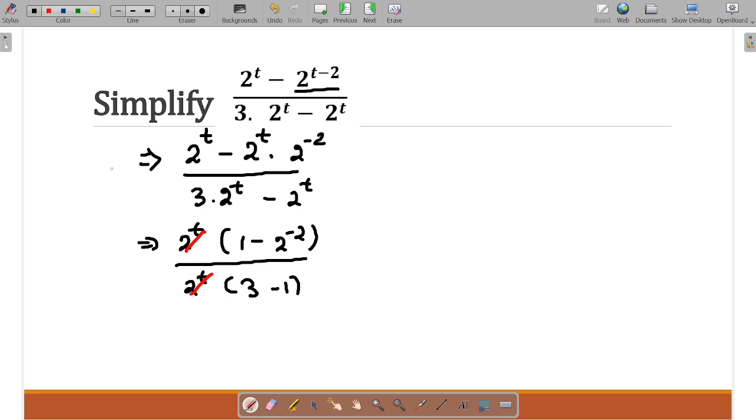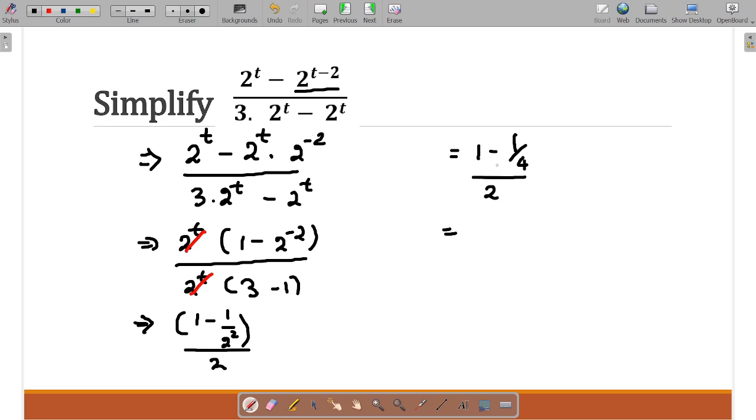So we will have the result in the next step as 1 minus, it can be written as 1 by 2 power 2, right? And the whole by 3 minus 1, which is nothing but 2 here. Let's go to the next step. That is 1 minus 1 by 4, by 2.